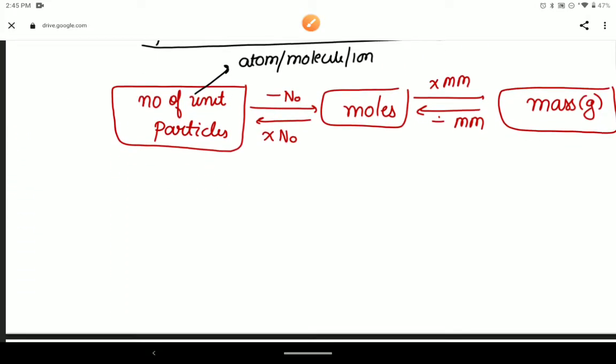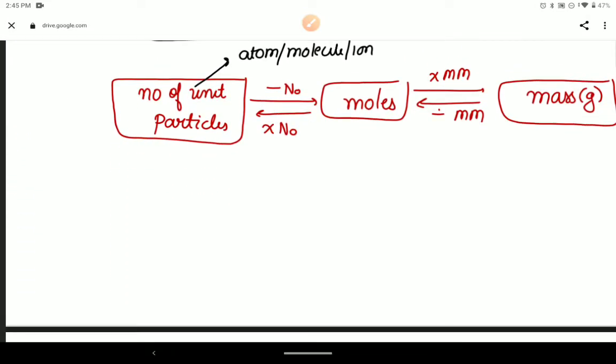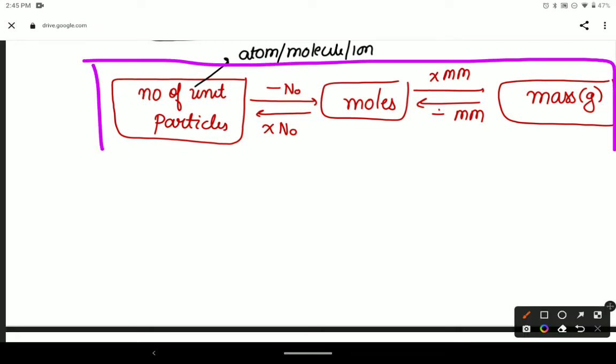See, this is a quick revision of the extent we covered till now. See this one, only concentrate on this. With this table you will be solving every basic question coming from this chapter and JEE. Okay, listen carefully. You are given the number of unit particles.